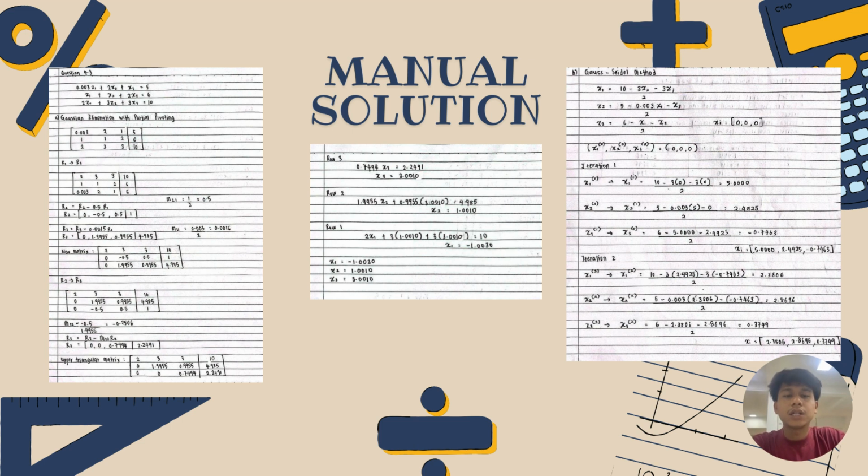By iteration 2, our values are tracking toward the exact solution, yielding x1 equals 2.3806, x2 equals 2.8696, and x3 equals 0.3749.